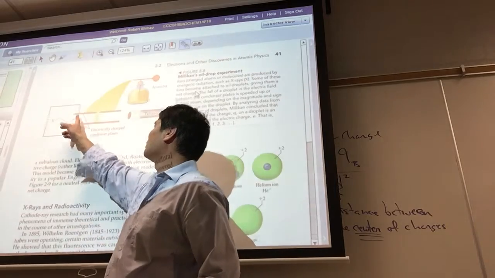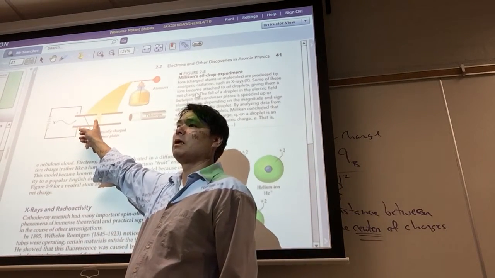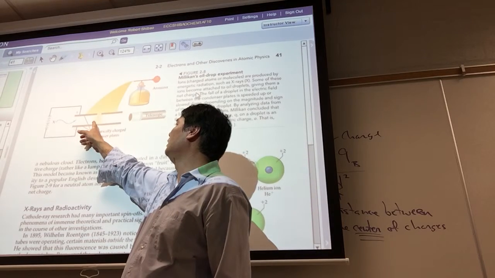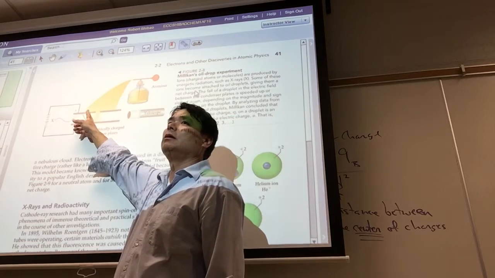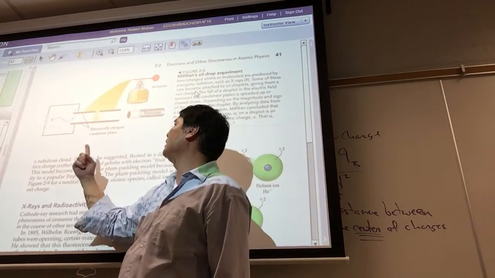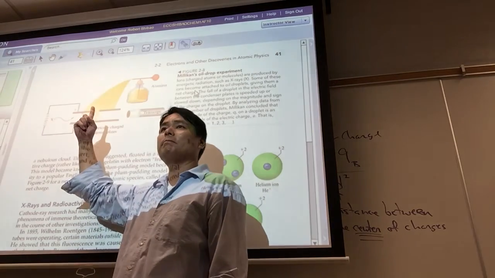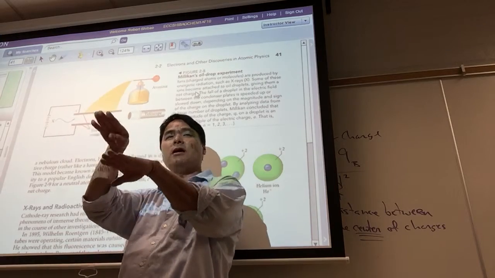But some of those electrons might attach to an oil drop. Once these become charged, negatively charged oil drops are going to be attracted to which plate? The positive plate. So you've got gravity pulling it down, and electrical forces pulling it up, and they might balance out, cancel each other.